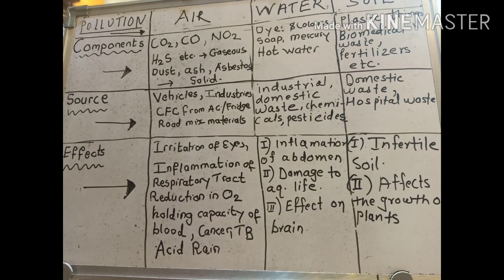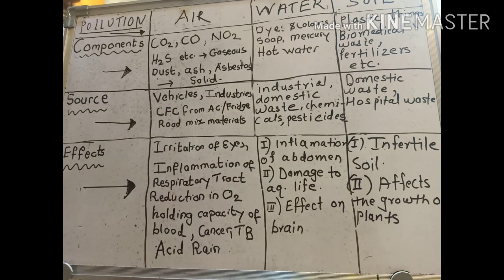Then the sources of these water pollutants are industries, and then domestic sources, that is households, like kitchen waste, bathroom waste, sewage waste. Okay, then you have chemicals and pesticides also, which come from various industries. They also are released into the water bodies.